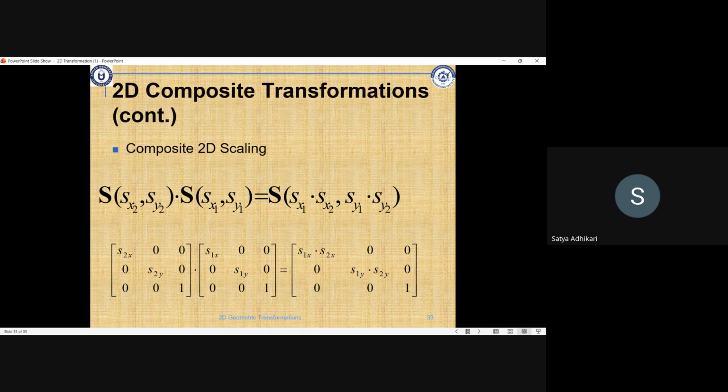No. You only multiply the two scaling matrices and the resultant matrix is multiplied to the original coordinates to get the new one. So x s2 sy2 dot x1 sy1 equals x into sx1 times sx2, comma sy1 into sy2. So the two scaling factors are multiplied and then applied to the point to get the new point.